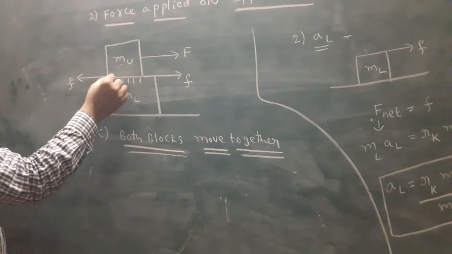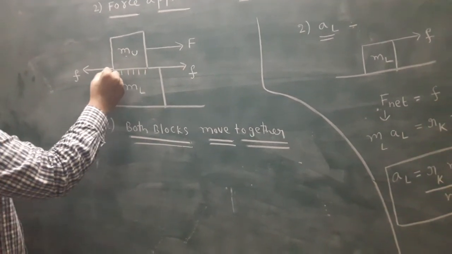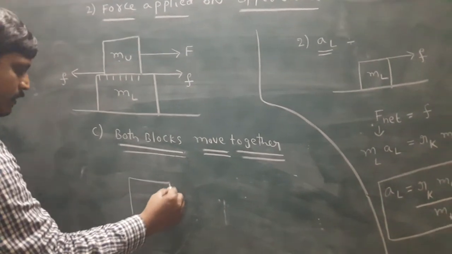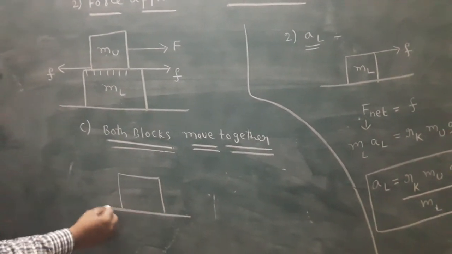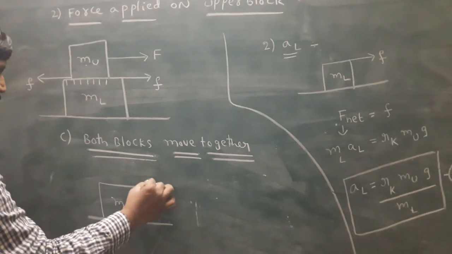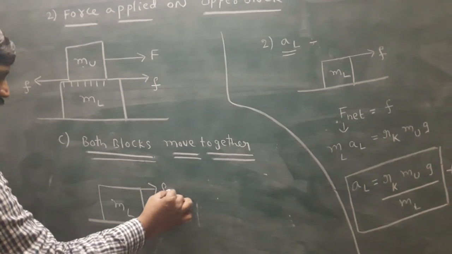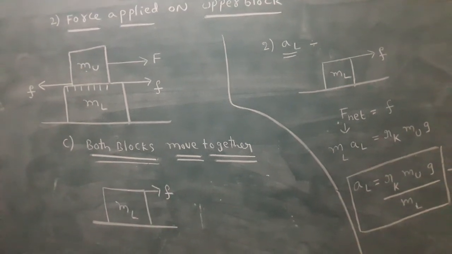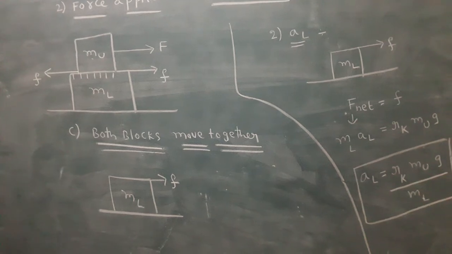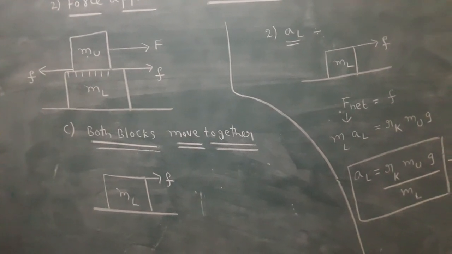Here, both the blocks move commonly because of friction. In this situation, I take the lower block. Here, frictional force provides the motion. Both the blocks commonly move together because of friction.